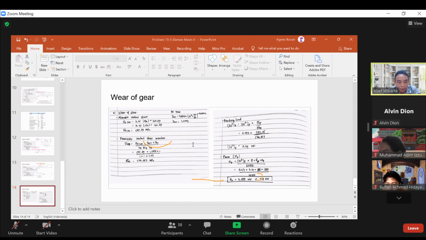I think the power will be higher. Then, if the power rating by AGMA bending is higher than AGMA surface, which one will we use in order to define the maximum power for this bevel gear?